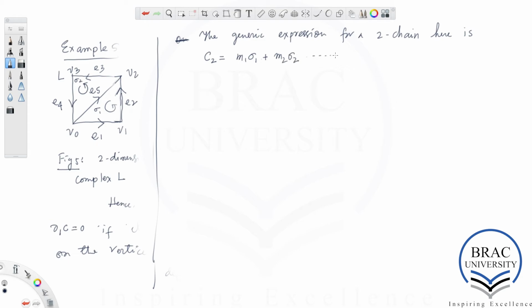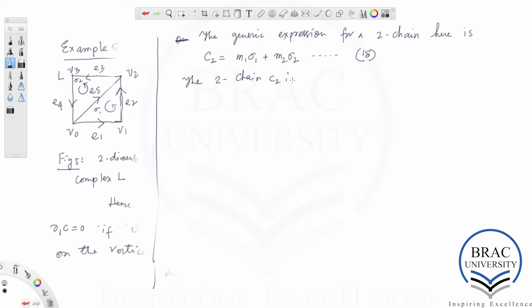This is equation number 15. So this is the generic expression of a two-chain, right?